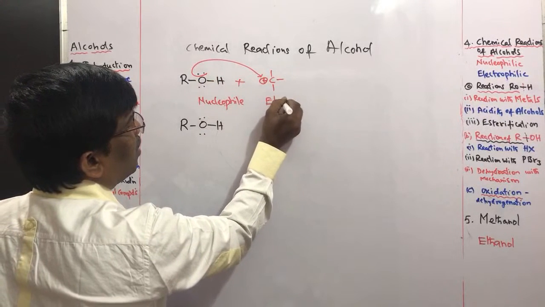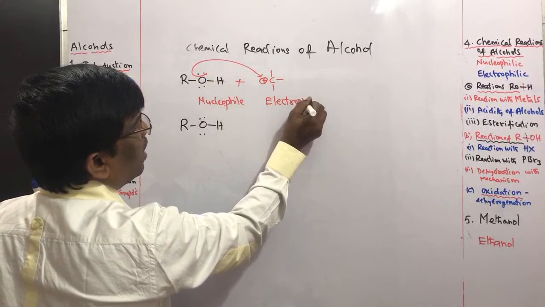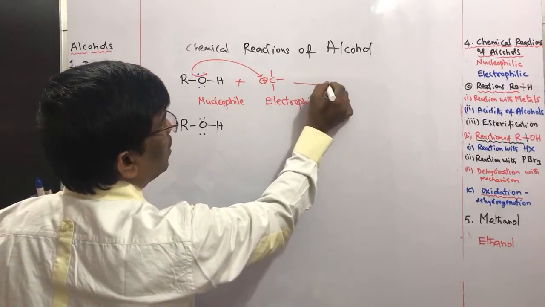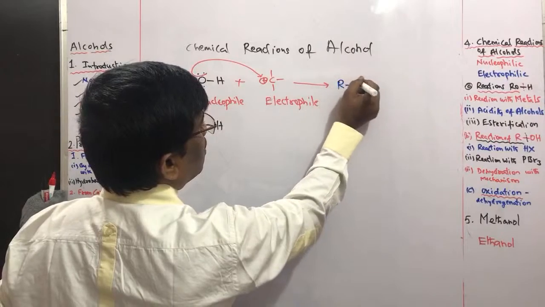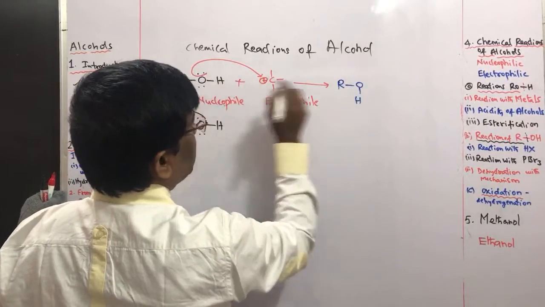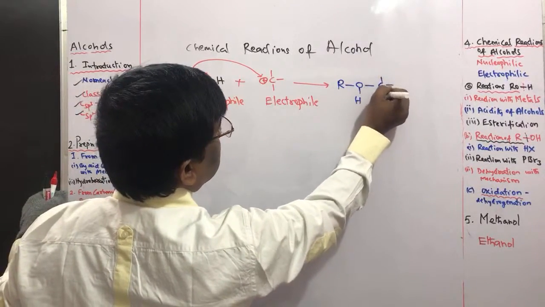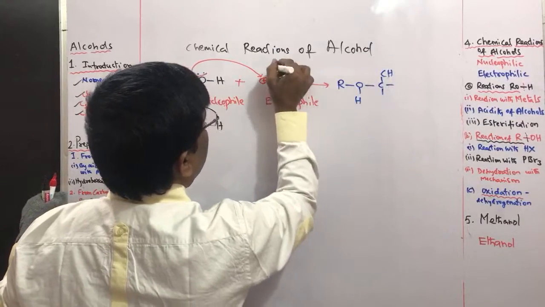Then it is going to react with the electrophile to give this R, O, hydrogen, and the remaining R groups here.